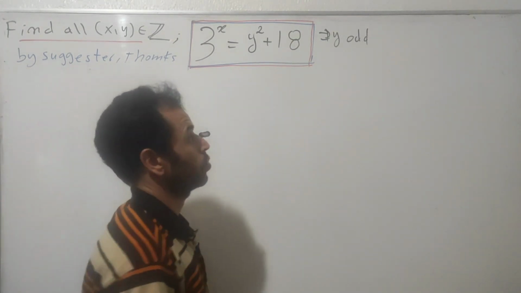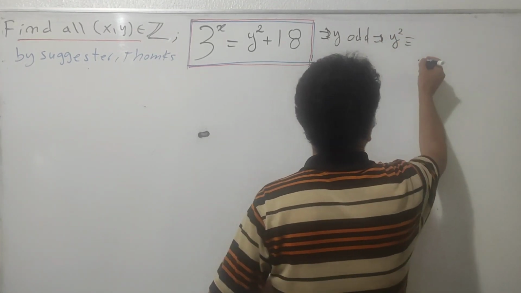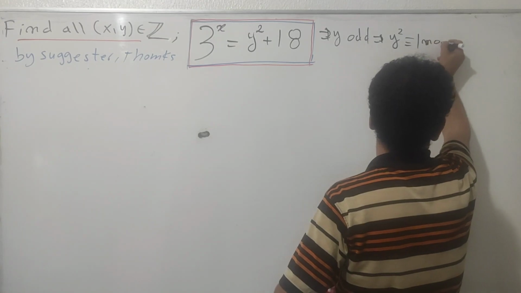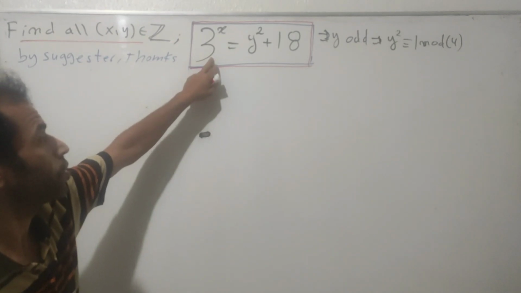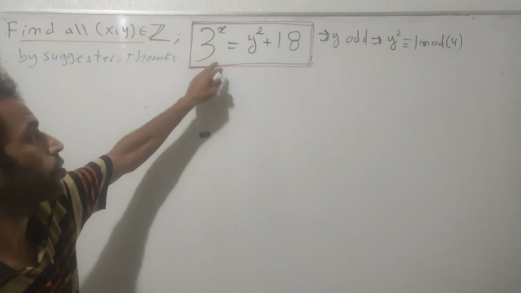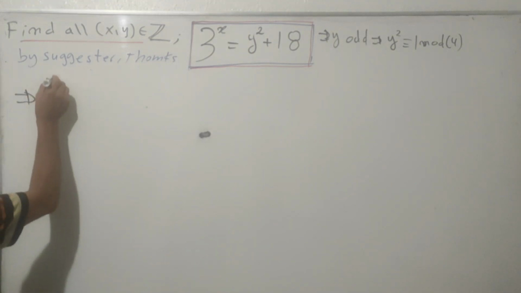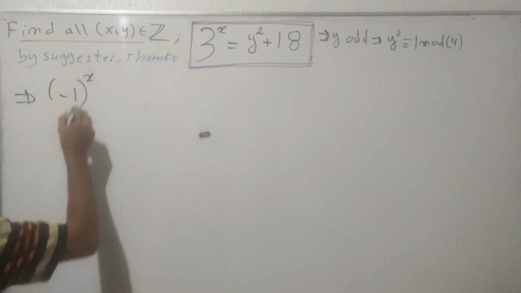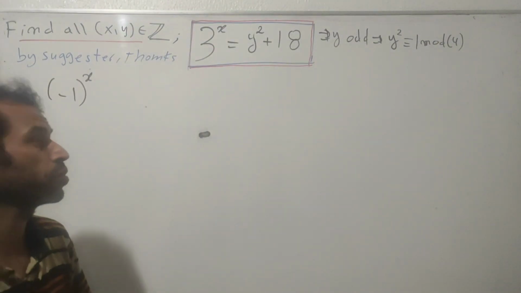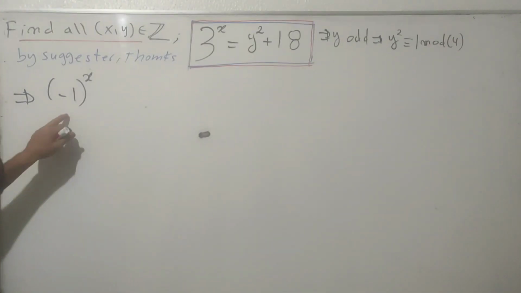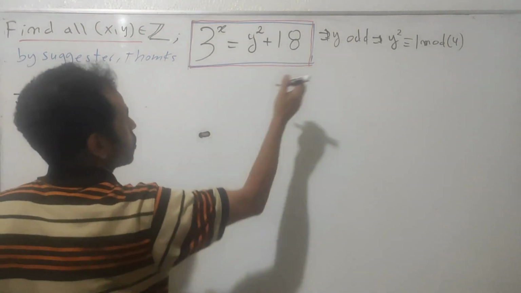Since we know y is odd, if you square this integer, you will have the remainder 1 when you divide by 4. Then reducing the equation mod 4 on both sides, this number 3 becomes minus 1, all to the x, because we know 3 equals 4 minus 1. 4 is already 0 because 4 divides 4, so I get (minus 1) to the x is congruent to y squared, which is 1 there.